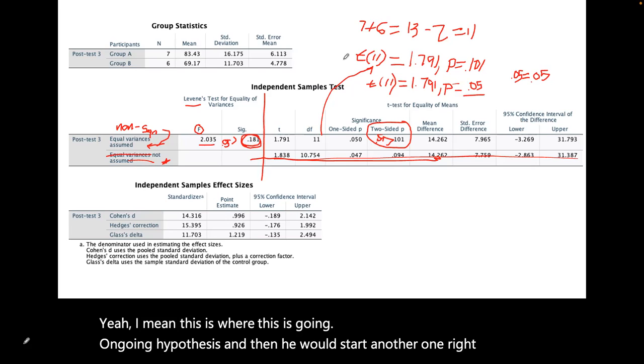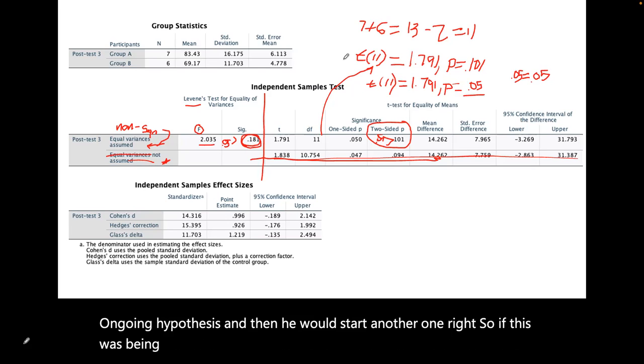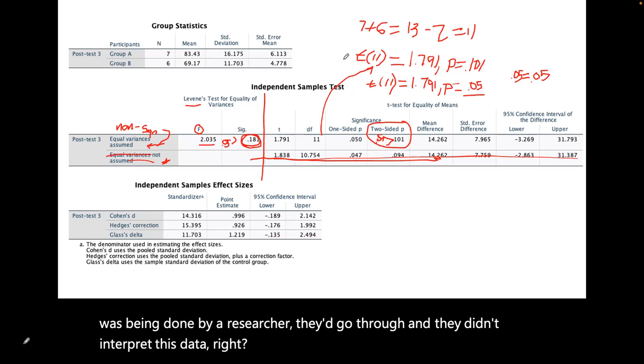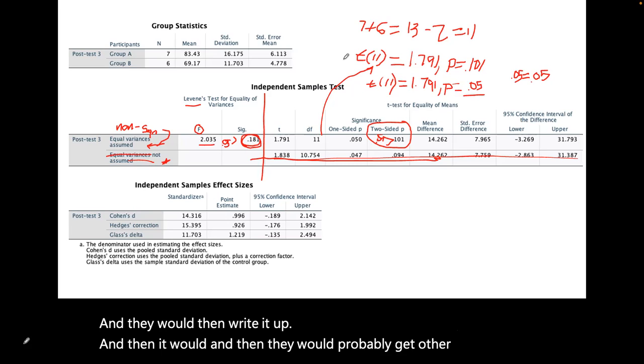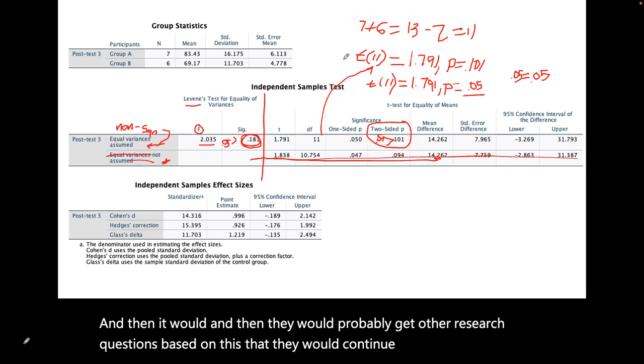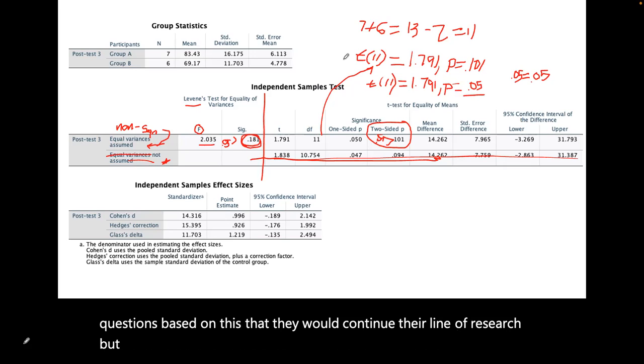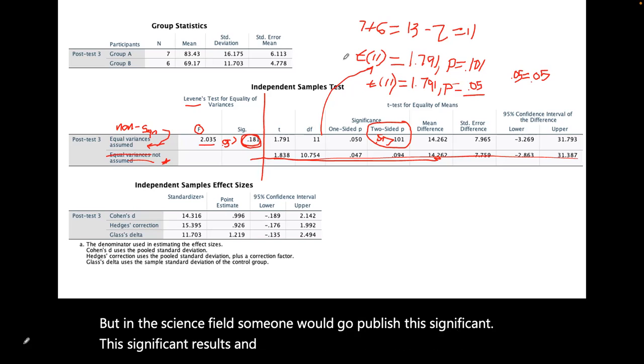So if this was being done by a researcher, they'd go through and they'd interpret this data, and they would then write it up, and they would probably get other research questions based on this that they would continue their line of research. But in the science field, someone would go publish the significant results, and then other researchers would try to replicate it.